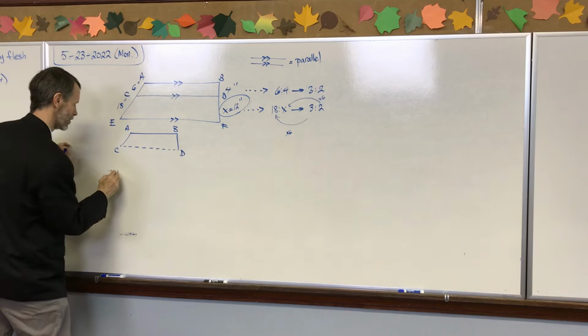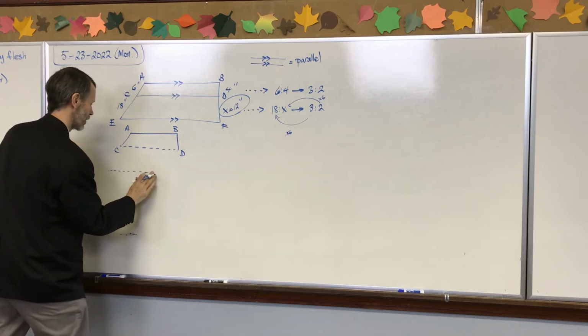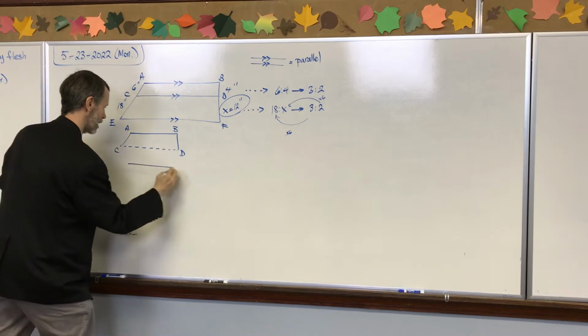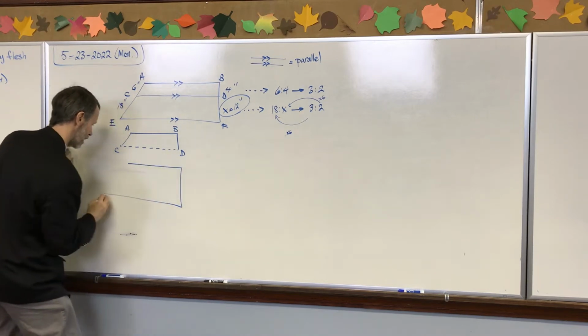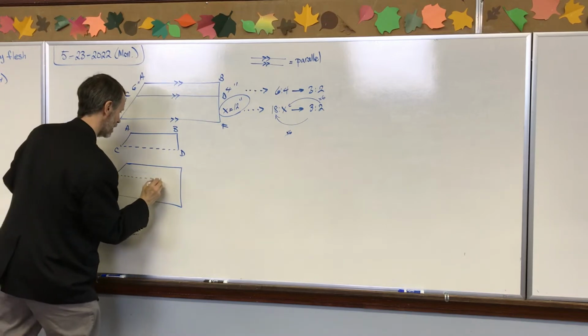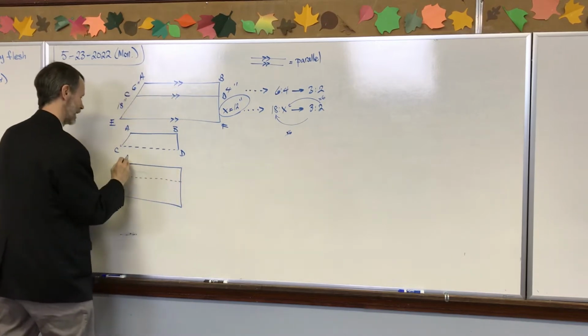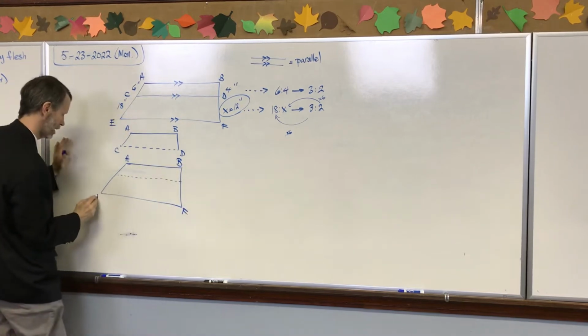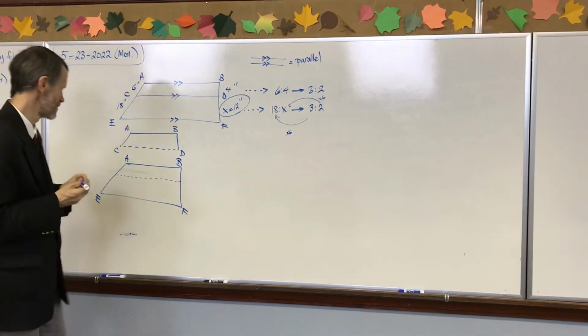And then the bottom, do this. Whoops, sorry, my fault. Label it A, B, F, E.